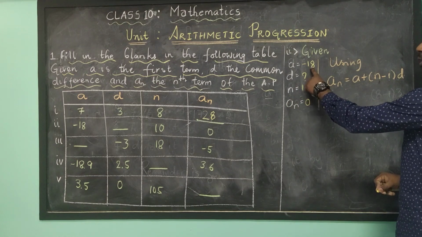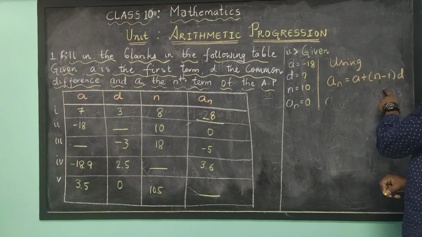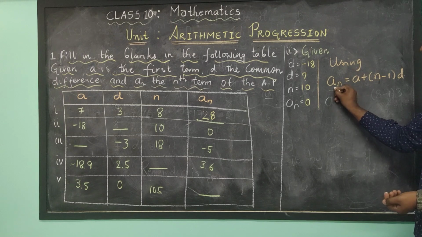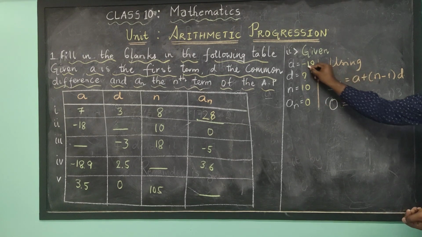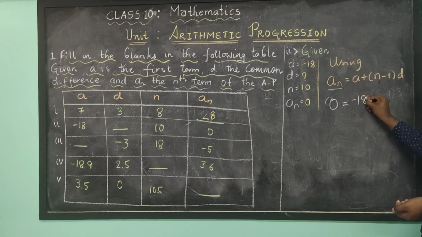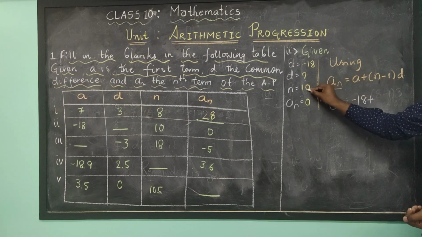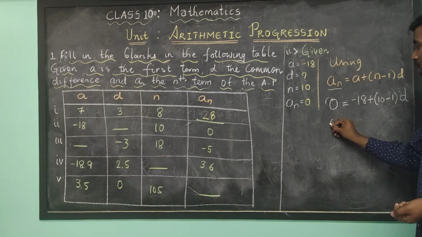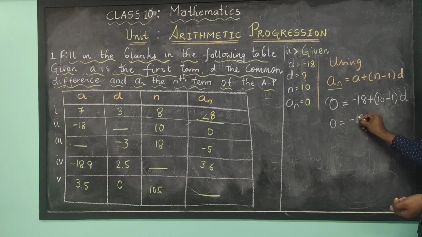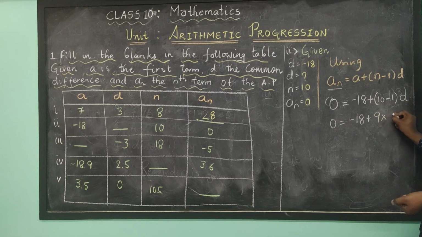Now substitute all these values in this formula. an is 0, which is equal to a, that is minus 18, plus n, that is 10 minus 1 as it is, into d, which we should find out. Now 0 equals minus 18 plus 10 minus 1 is 9 into d.